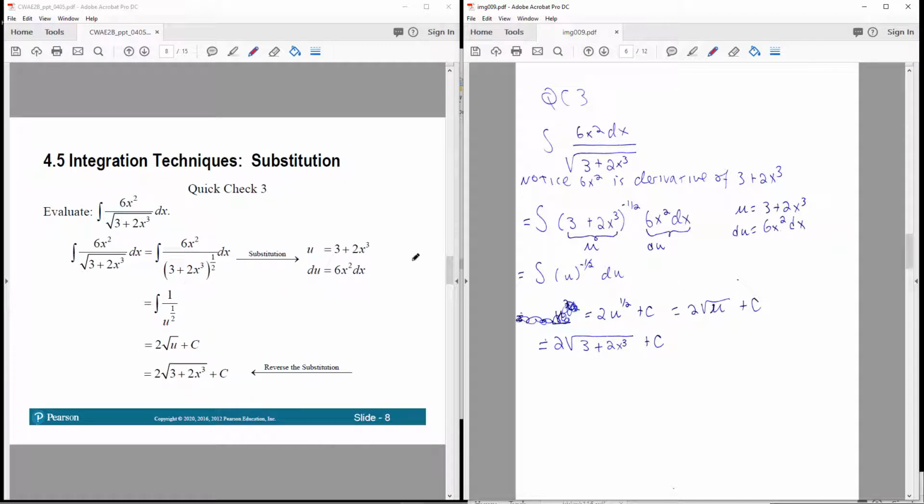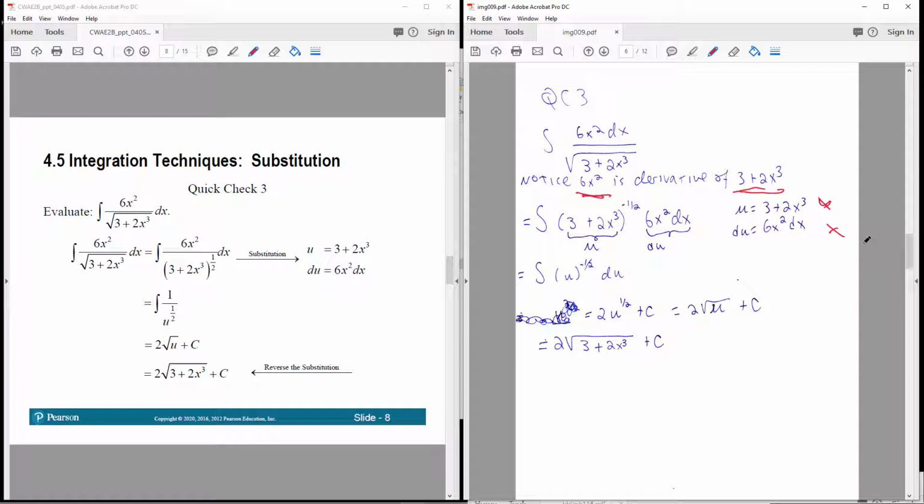This one here, you notice that 6x squared is the derivative of 3 plus 2x to the third. So that's my u, it's going to be 3 plus 2x to the third. My du is going to be 6x squared dx. And I have that up there in the numerator. So I can rewrite it. Now I have an f prime of x dx there.